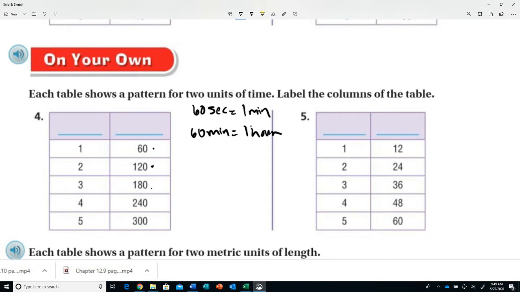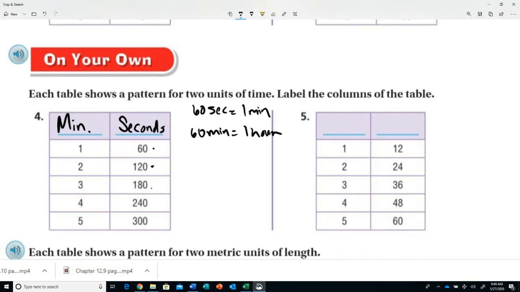I'm going to take the first one. I'm going to say these are seconds, and this one is minutes. I've destroyed that right now. We'll just make it MIN and call it a day. Okay, so 60 seconds equals 1 minute.